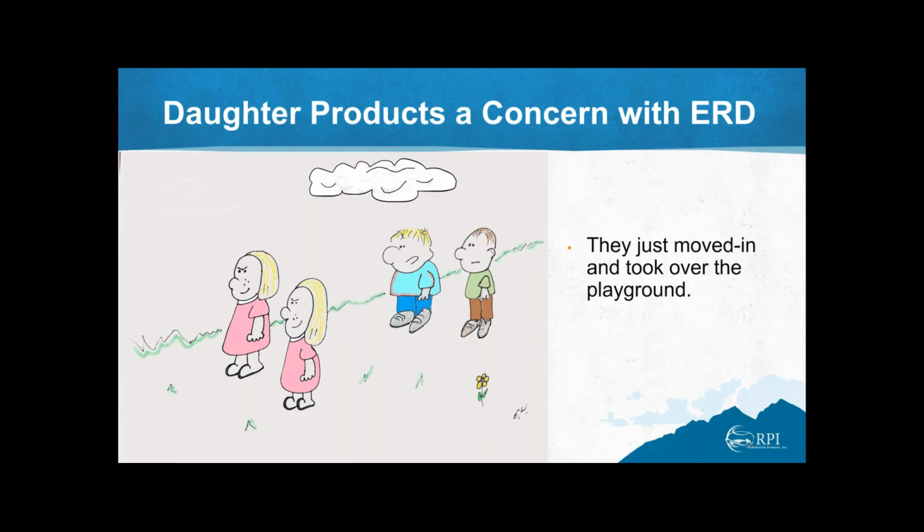That's kind of a side note with the EDR reactions. Daughter products just move in. You think you're doing well on your site, and suddenly there you have vinyl chloride or DCE, and your client is unhappy. They just kind of move in and take over the playground.